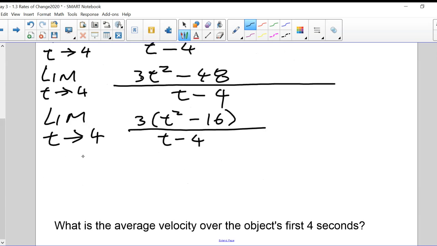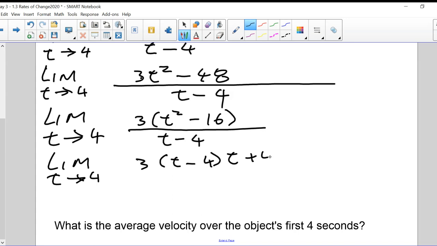So let's change that to the limit as t approaches 4 of 3 times t minus 4, t plus 4, over t minus 4. That's how we would factor a difference of squares.